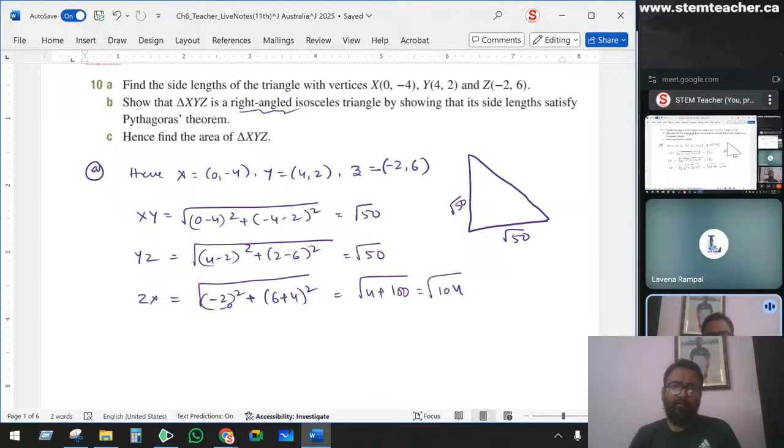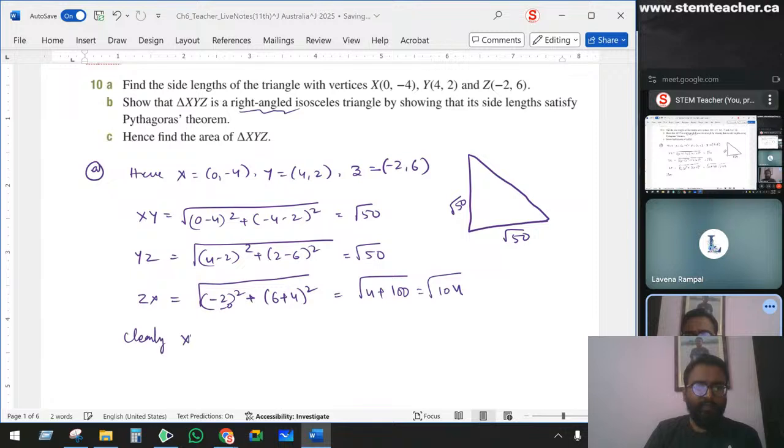So it is isosceles, because two sides are clearly equal, XY equals YZ. Therefore, it is isosceles. And we have to show that it is a right angle triangle.